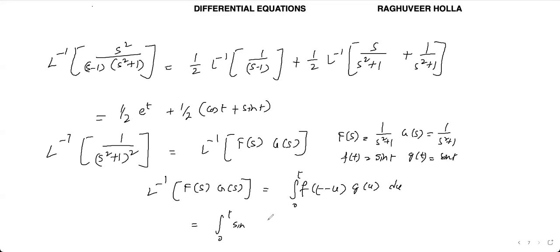So this is sine of t minus u, and g of u is sine u, into du.